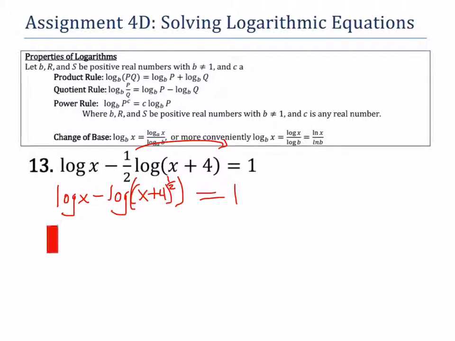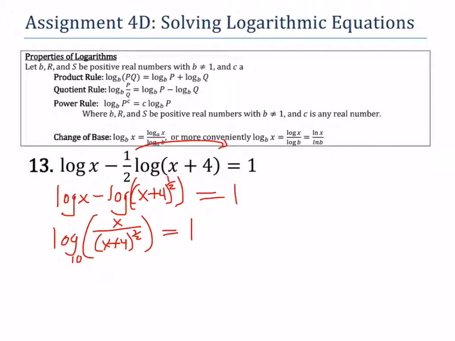So we've got log of a big old quotient: x on top, and x plus 4 to the 1/2. Now that 1/2 is not too pretty, but we'll deal with it in a moment. This is log base 10, remember, because it's the common log.